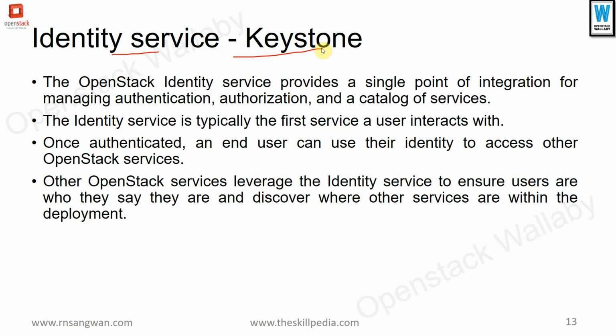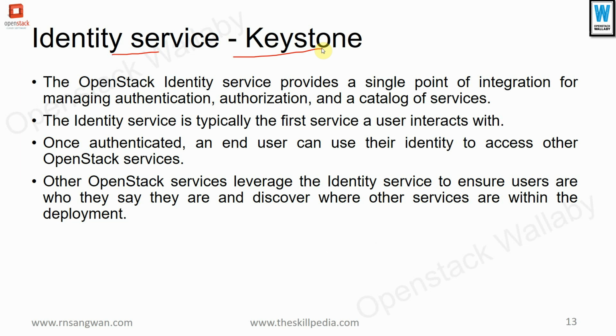So the request will travel with an authentication token. Every service will verify this token from Keystone before allowing you to use that service. For example, creating an instance or creating an image or creating a volume or storing an object into object storage or any other service.